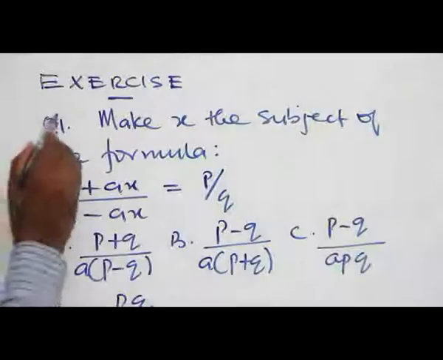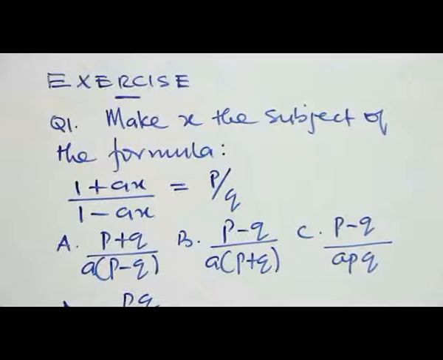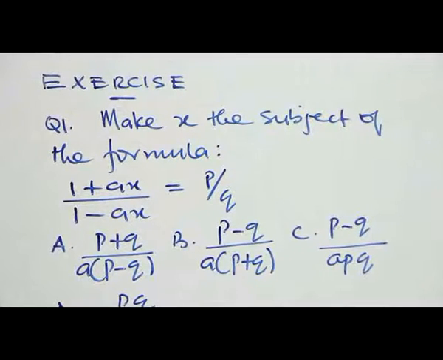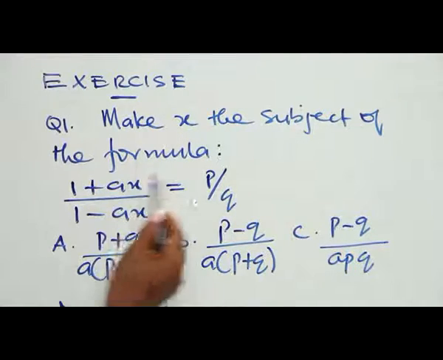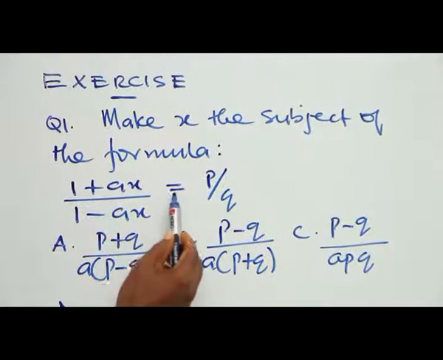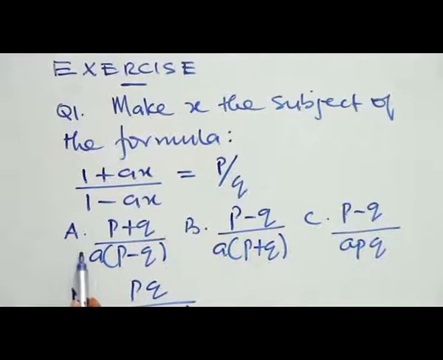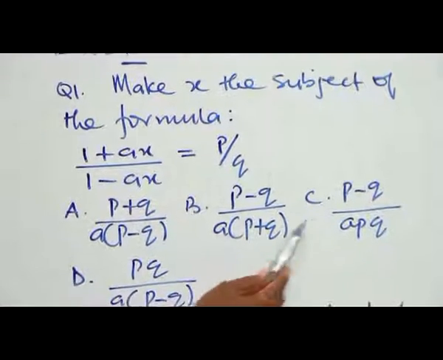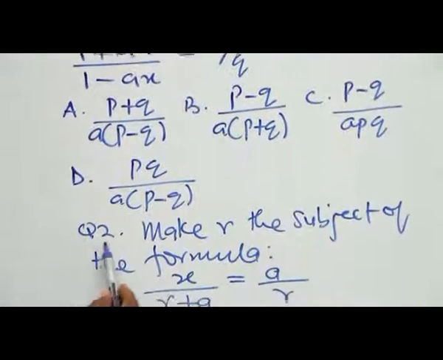Here are the exercises for this topic we have just discussed: change of subject of formula. Question number 1. Make S the subject of the formula 1 plus AS all over 1 minus AS equal to P over Q. You have options A, B, C, and D. Question number 2.